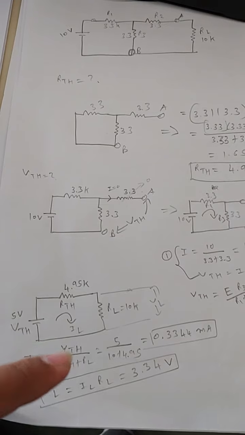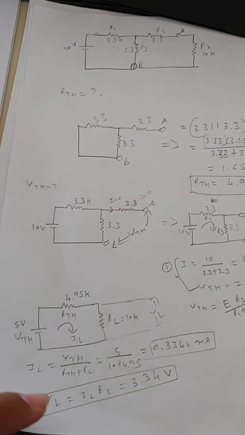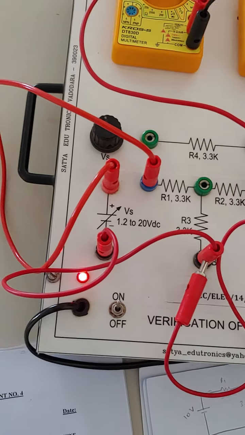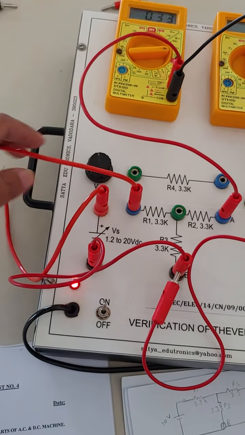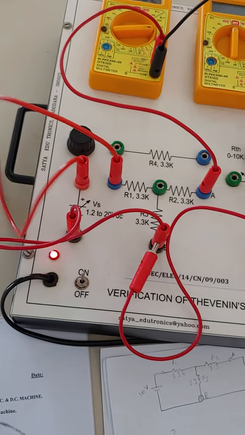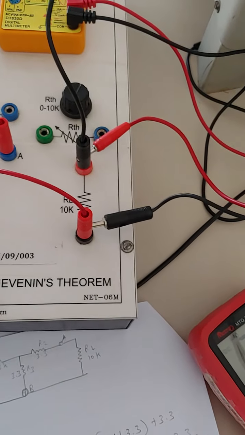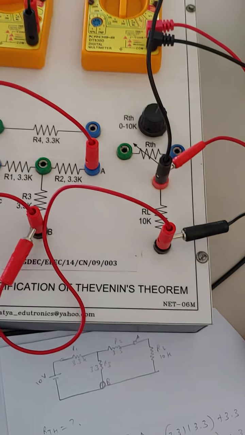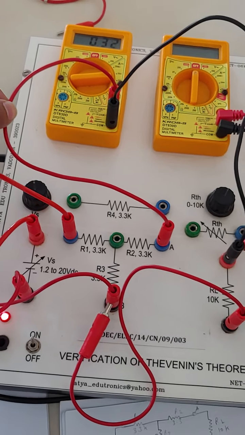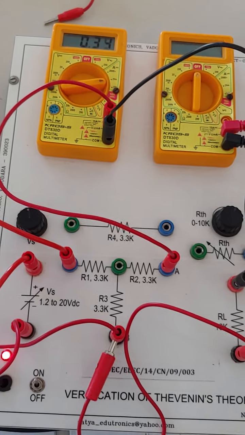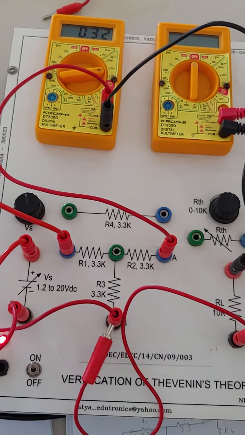Practically we can measure both IL and VL. How? Let's see here. The same circuit is connected, and here we have connected RL also. First let us see the overall current.